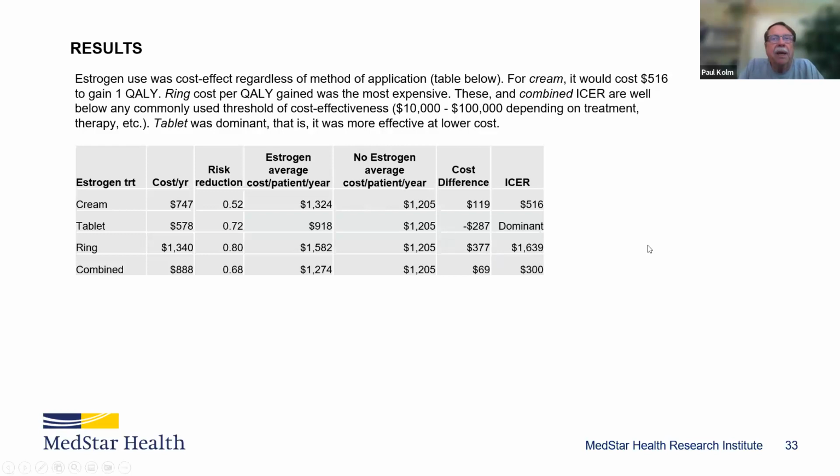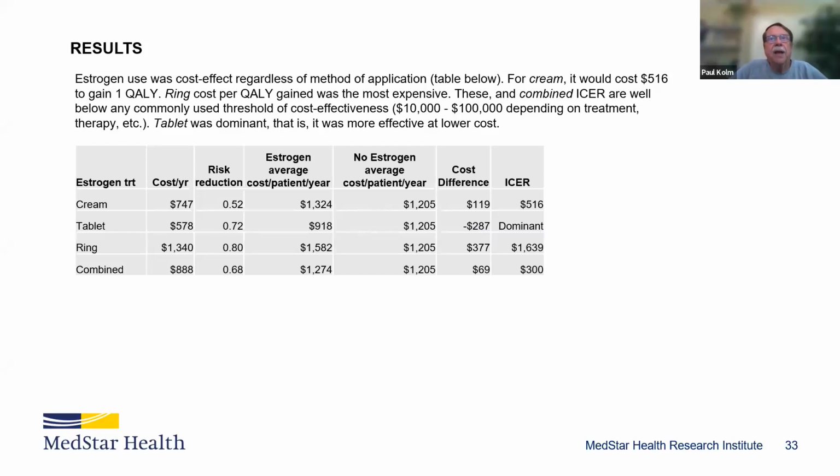If we had to pick one, it would be the tablet application here, which is actually dominant. The cost difference is actually cheaper than no treatment at all, and so it's a dominant strategy.